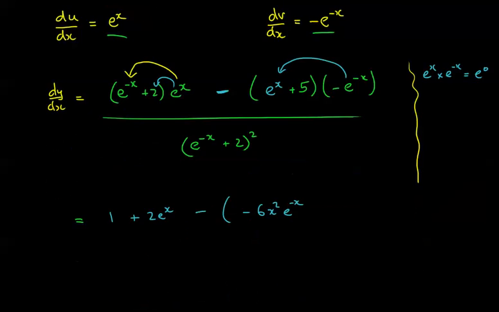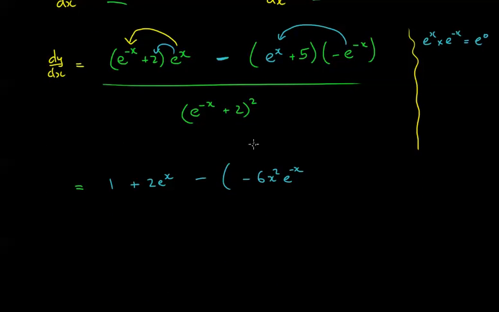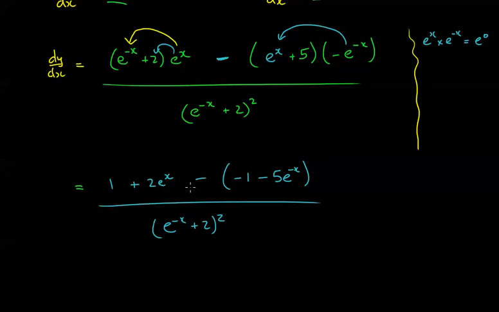My mistake, so we'll need to rub that out. Apologies for that. So that times that is minus 5 e to the power minus x, divided by e to the power minus x plus 2 squared.